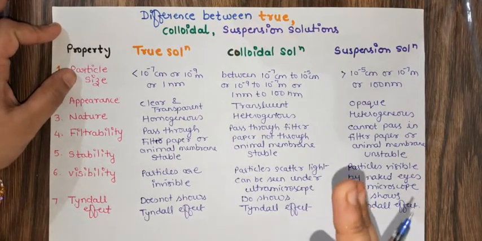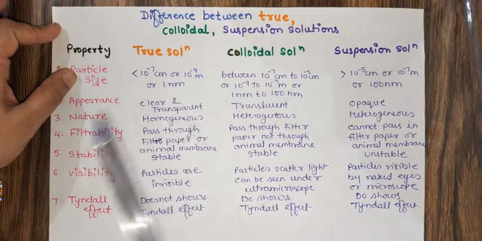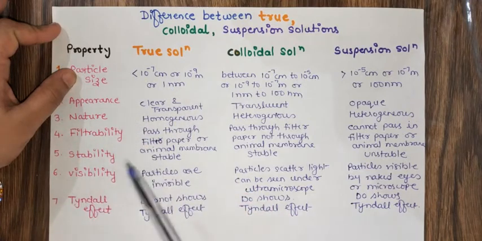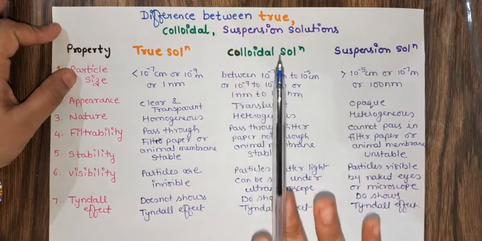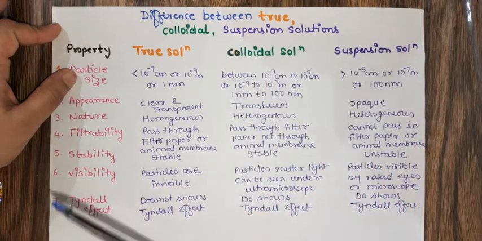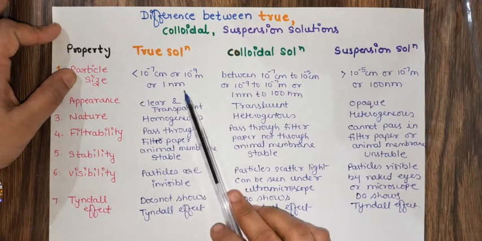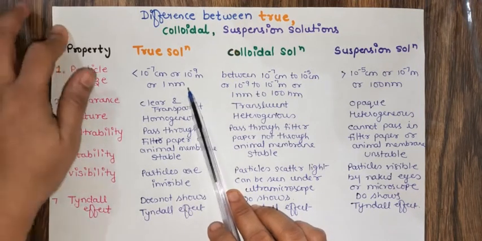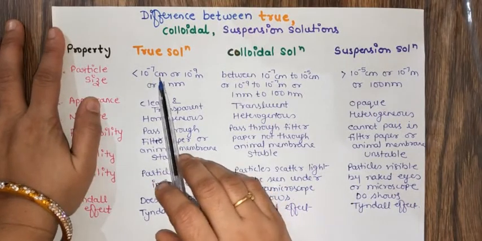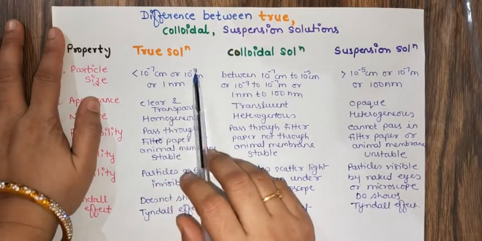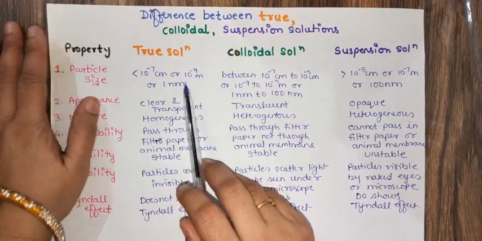The particle size in true solutions is very small, in comparison to colloidal and suspension, as you have just seen in the Tyndall effect. The true solution particle size is approximately 10 to the power minus 7 centimeter or less, or 10 to the power minus 9 meter, or 1 nanometer.